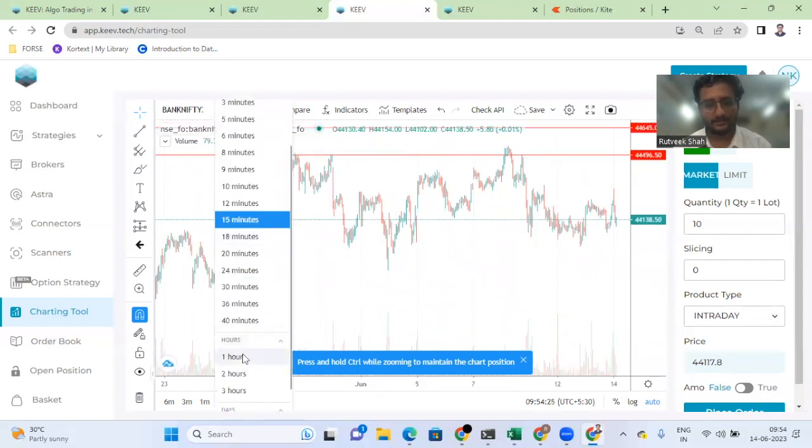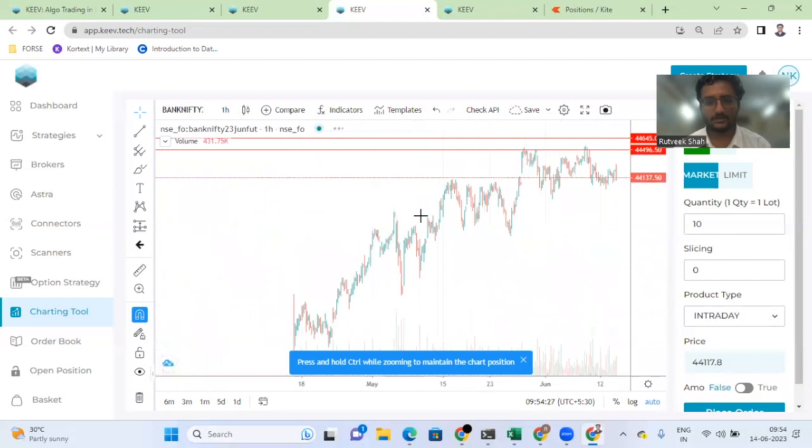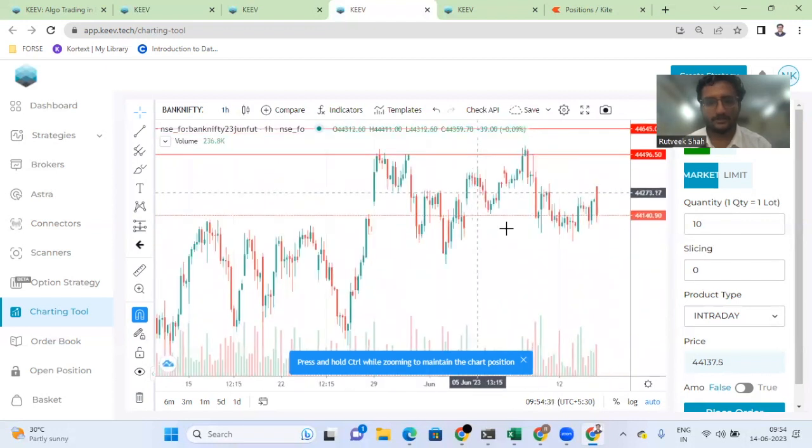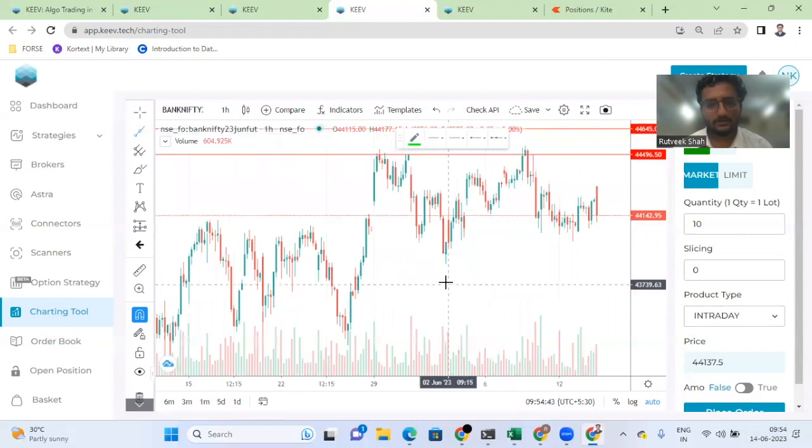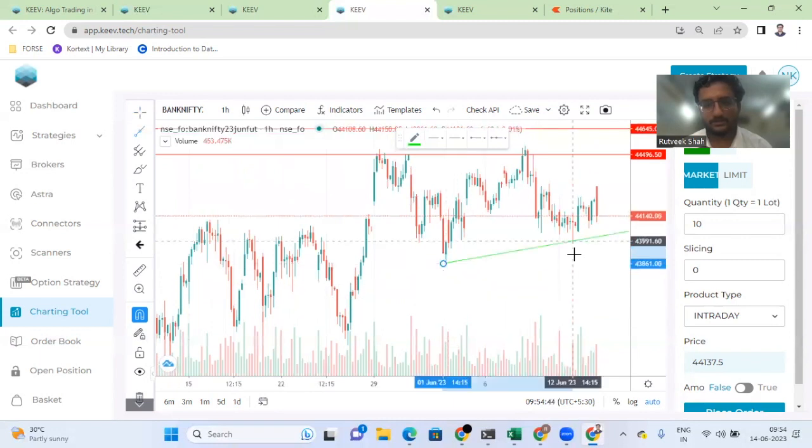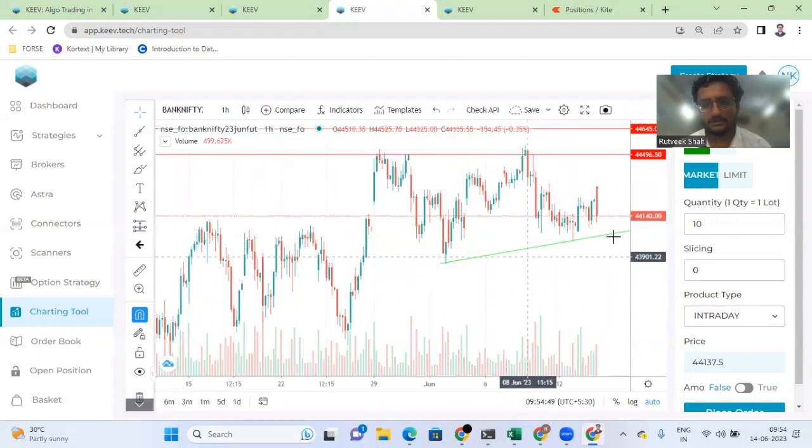Let's look at the hourly then first. The 15-minute candles are a bit volatile at least. Even the hourly time frame is not showing us any clear indication of the momentum. Let's look at any supporting trend lines that can be formed here. As you can see, there is a small possibility of this trend line being maintained. This resistance is also very high.